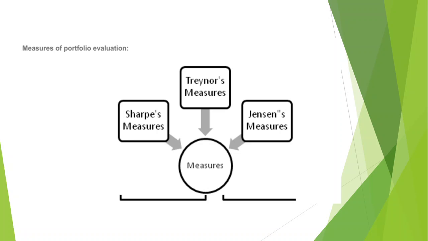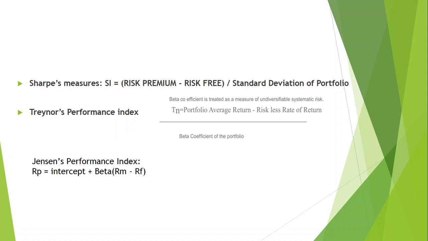Here, let us discuss Sharpe's measure. Sharpe measures performance. Sharpe performance index gives a single value to be used for the performance ranking of various funds or portfolios. Sharpe index measures the risk premium of the portfolio relative to the total amount of risk in the portfolio.